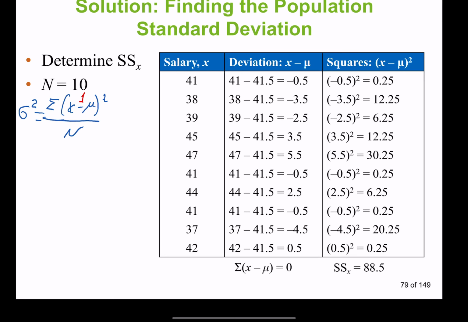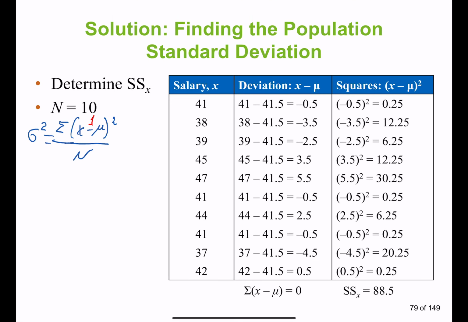Next step, based on the order of operations, is to square. So here we are squaring negative 0.5, and we get 0.25. Negative 3.5, once we square, we get 12.25, and so on. After that, we are doing the addition.